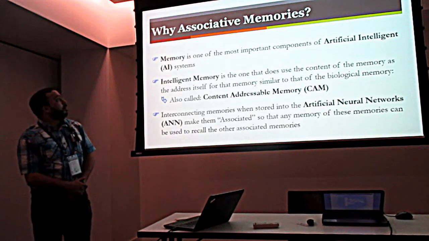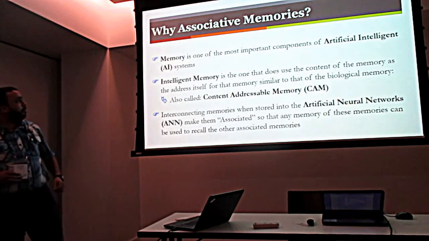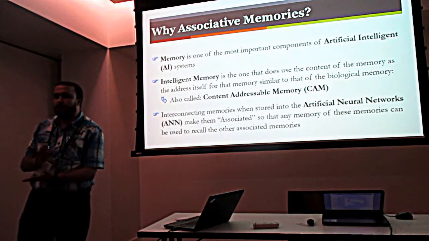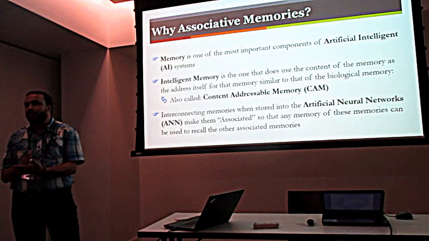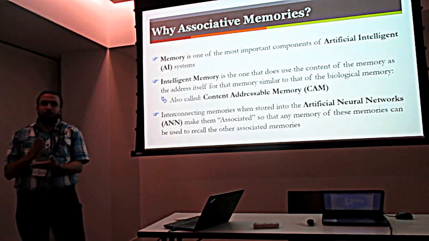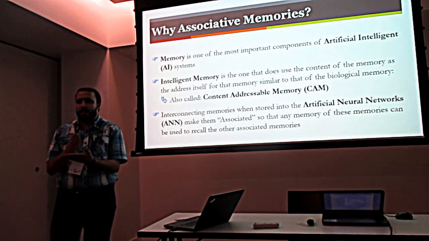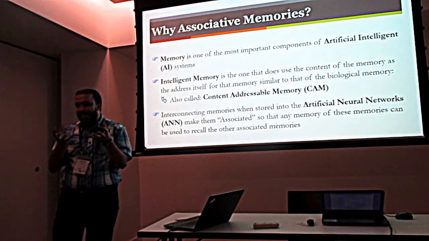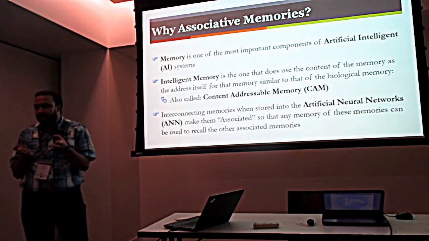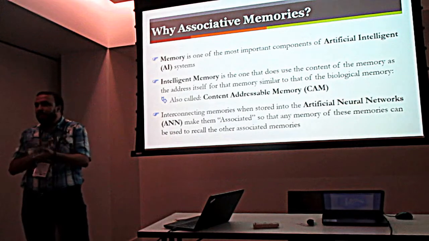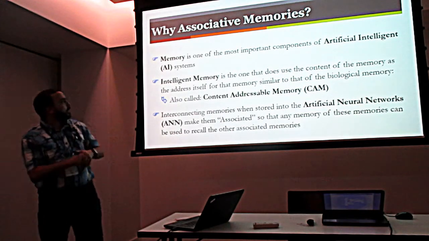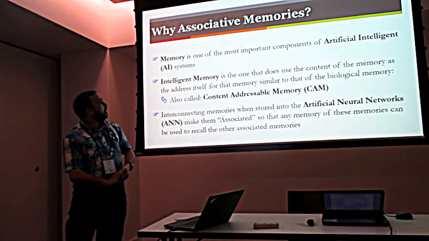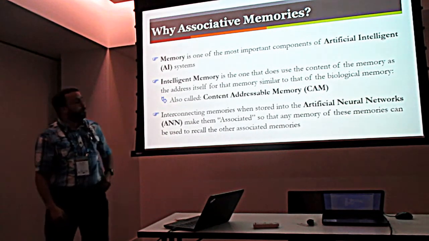Anyways, so why associative memories? Memory is a very important component of an artificial intelligence system. And what we mean by artificial intelligence system is a mimicry, an extraction of the biological neuron. Without memory, there's no intelligence. Period. And what do we mean by intelligent memory?